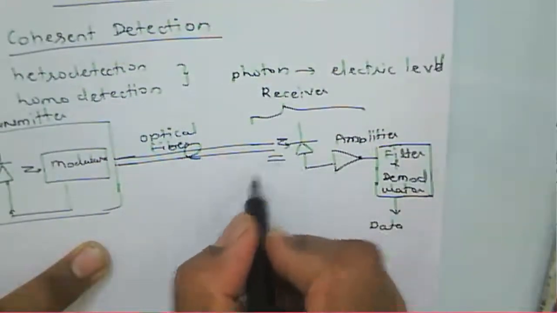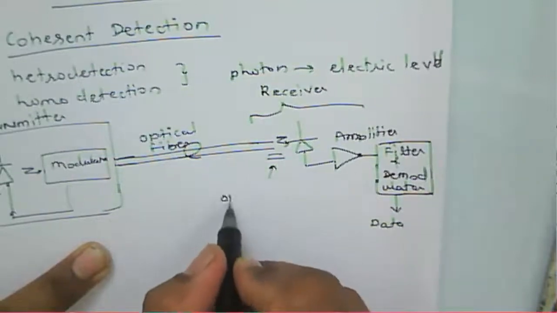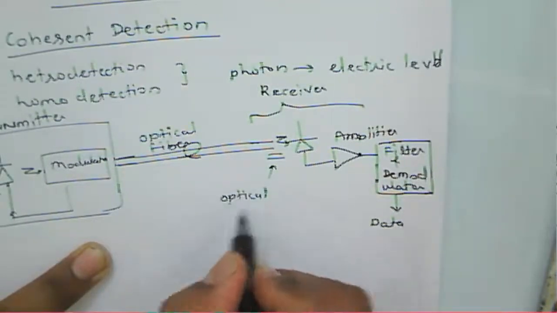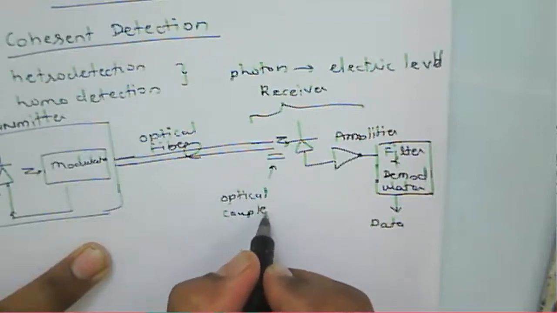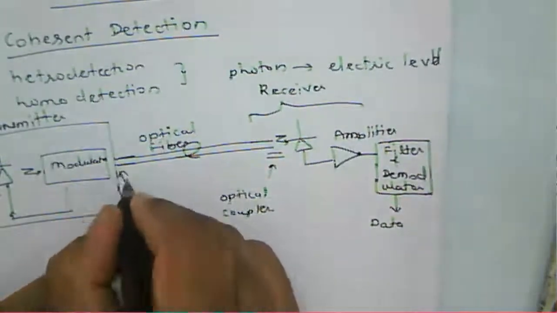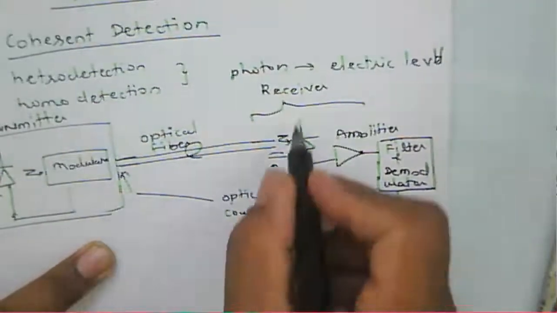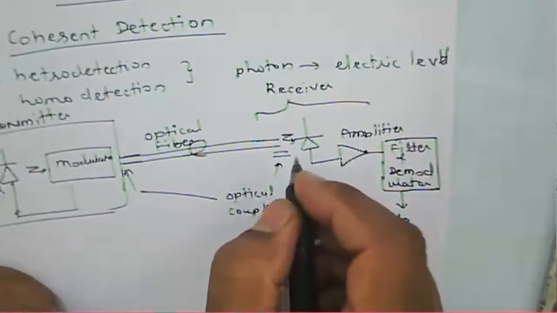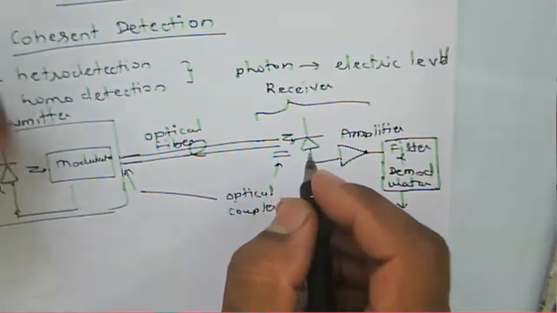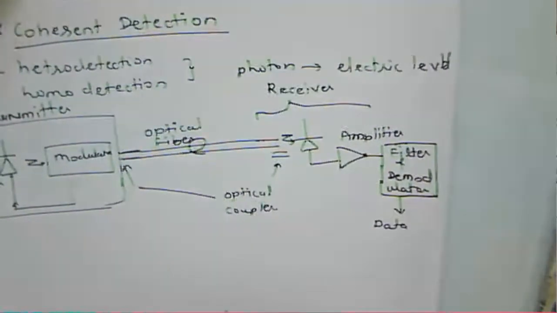And here we need to use an optical coupler. Again, we need to use the optical coupler at the transmitting side, and we need to use the optical coupler at the receiving side, and then we transmit the data.